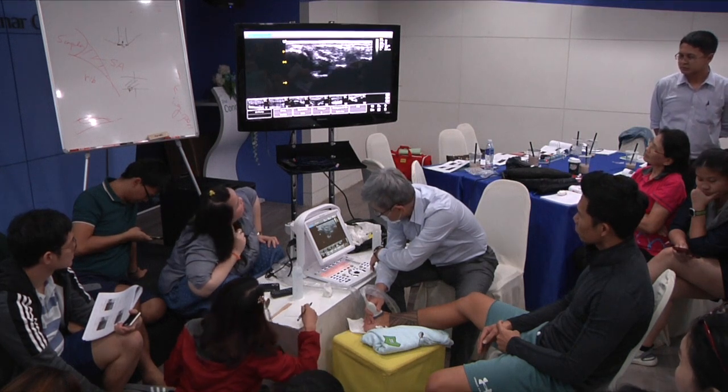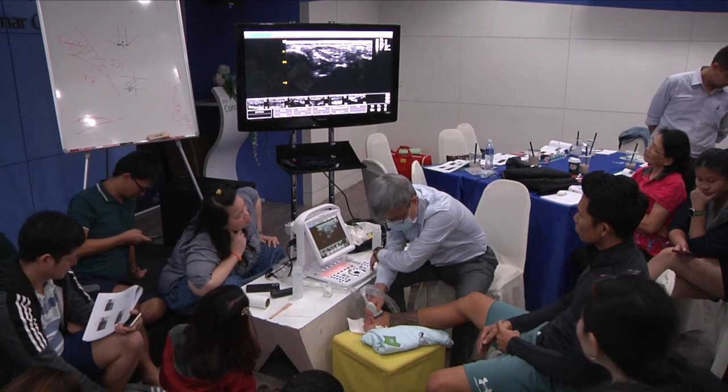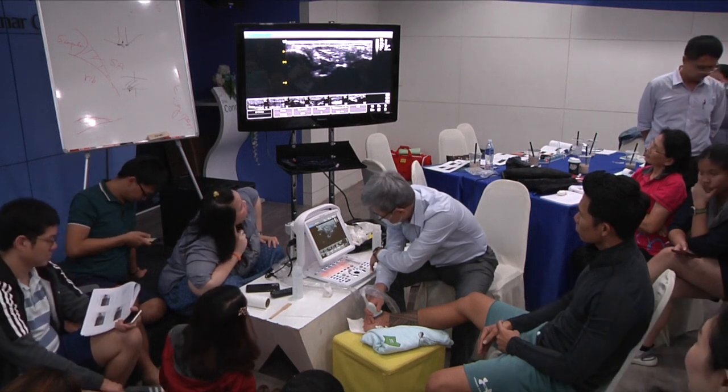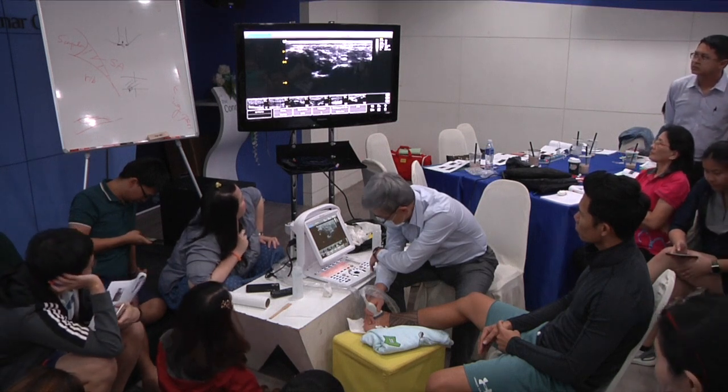Right. Find the tibialis posterior. Then it is very close to the posterior bundle.